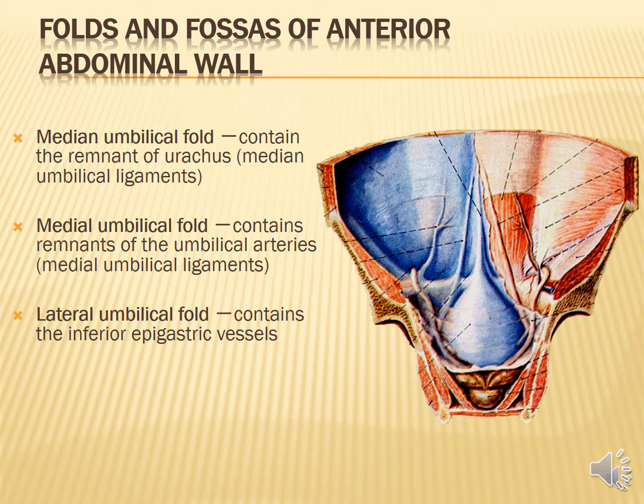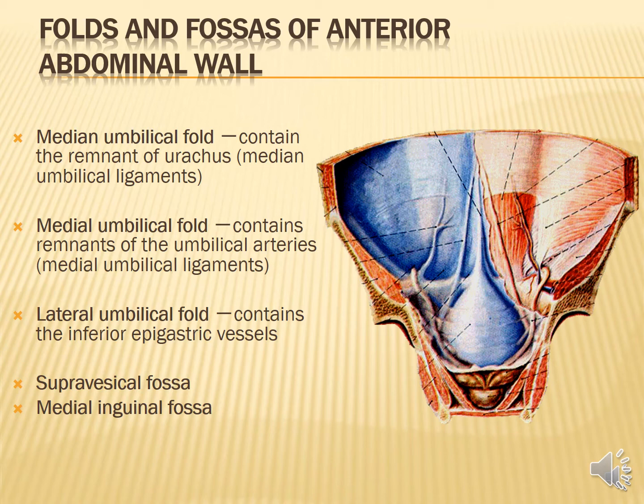Now, the depressed areas in between these folds, in all they are 6 in number, 3 on each side. The fossa located lateral to the median umbilical fold is the supravesical fossa.